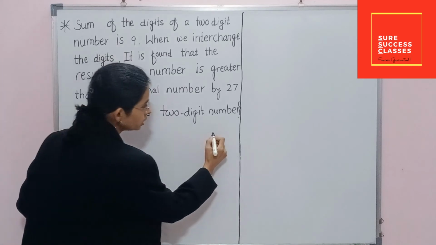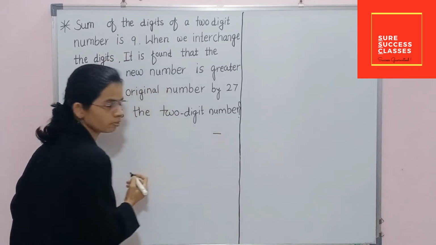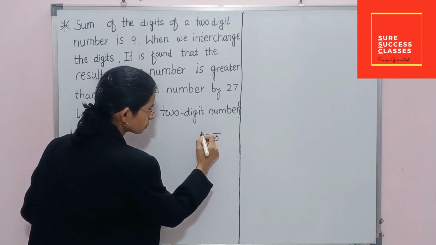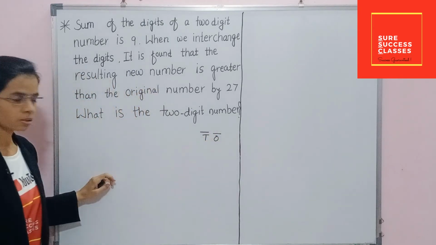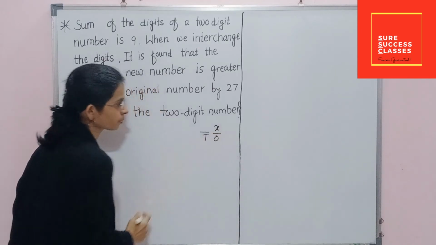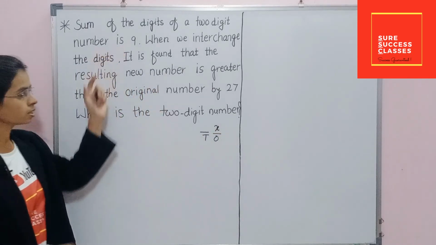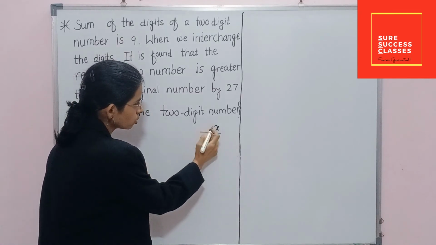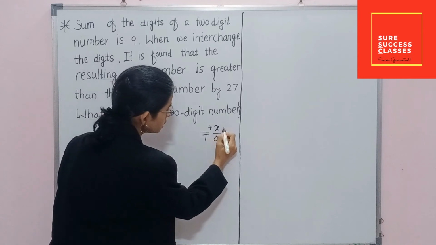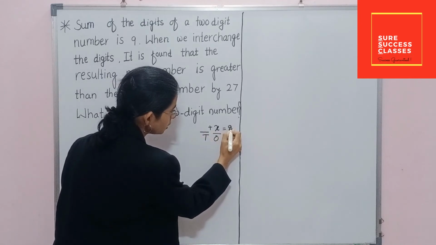We know a 2-digit number means it is having ones place and tens place. Suppose ones place digit is x, then the sum of these 2 digits, tens place and ones place digit, is given that it is 9.